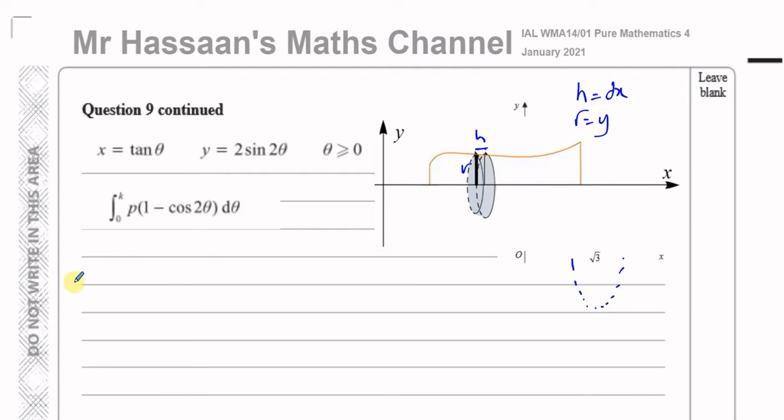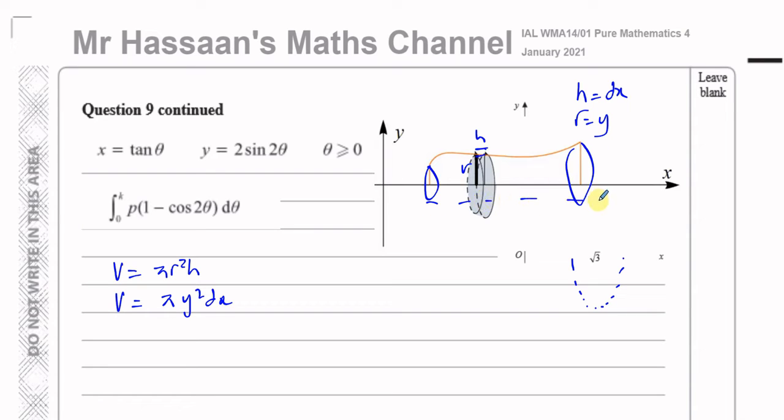So we know the volume of a cylinder is given by pi times r squared times h. In this case, you've got pi times the radius, which is y squared, dx. And we want to find the sum of all the cylinders from the beginning to the end.